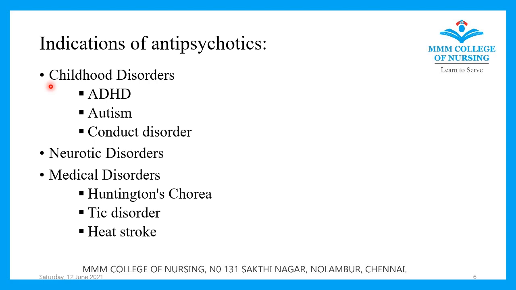For childhood disorders: attention deficit hyperactivity disorder, ADHD, autism, conduct disorder. For neurotic disorders, namely anorexia nervosa, intractable obsessive compulsive disorder, and severe intractable and disabling anxiety. Medical disorders such as Huntington's chorea, tic disorder, heat stroke.